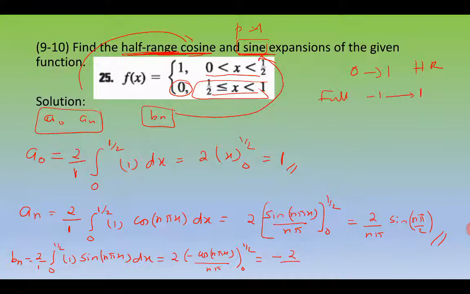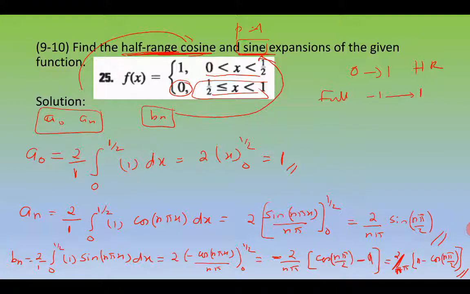Upper limit gives cosine n pi over 2. Lower limit gives minus 1. So when you multiply this minus inside, you can write 2 over n pi, 1 minus cosine n pi over 2. This is for Bn. We found all the terms.